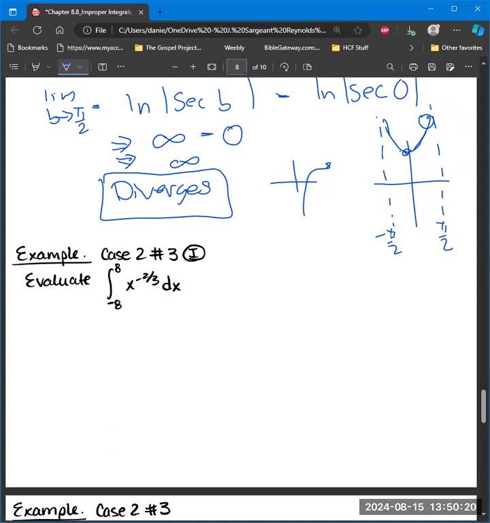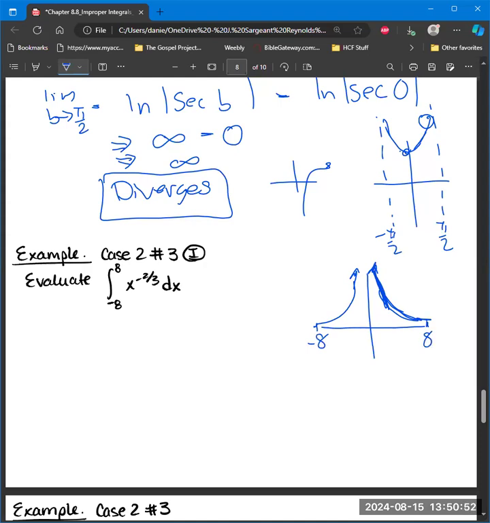All right. Now let's think about this one. X to the negative 2/3, and it looks like so. And we have negative 8 over here, and positive 8 over here.